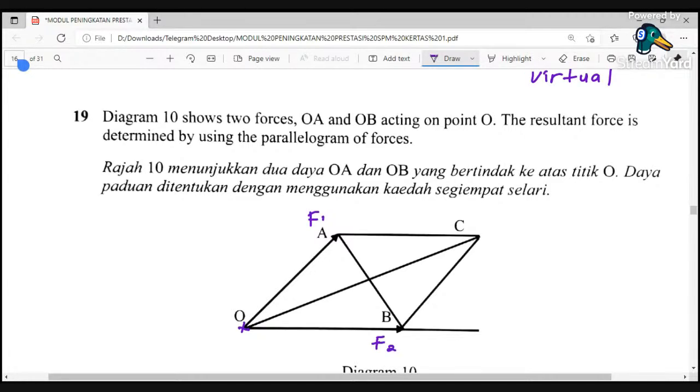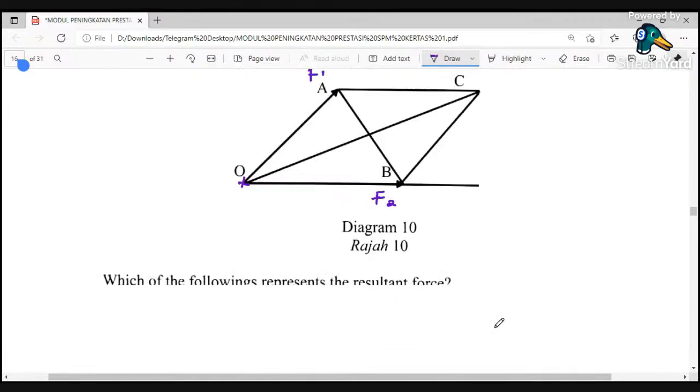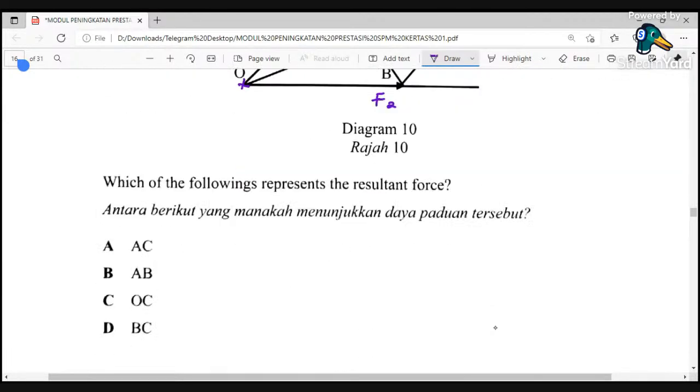Resultant force also must start from O. It cannot be A to B, okay, or A to C, or B to C. So means act on the object. F1, F2 act on the object, resultant force also act on the object. Okay. So baca sajalah diagonal line tu ialah OC.